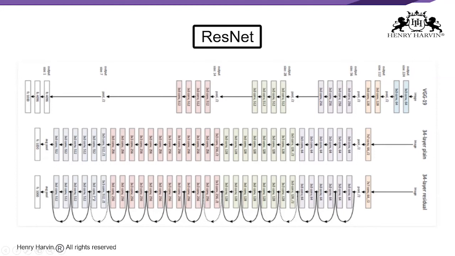These connections are called residual connections or skip connections. After pooling, the size is 56 cross 56, and there is no pooling over here, right? So the spatial dimension will always remain 56 cross 56 with one padding.